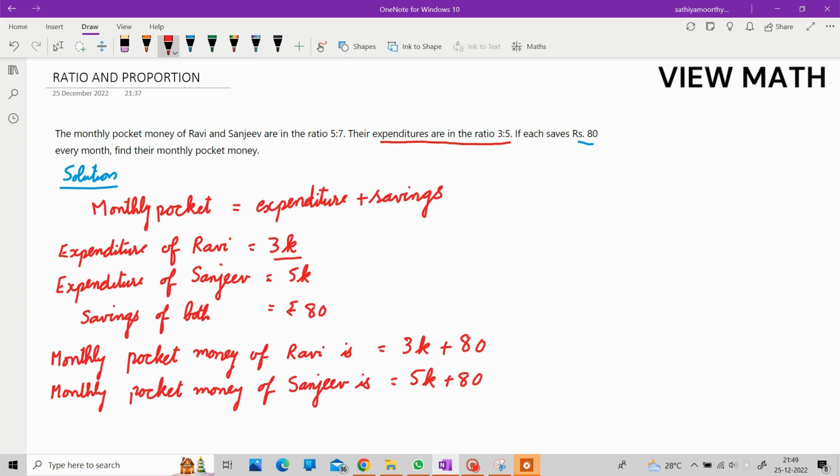Now here the question is given that monthly pocket money of Ravi and Sanjeev are in the ratio 5:7. So let me equate the monthly pocket money of Ravi and Sanjeev to 5:7.